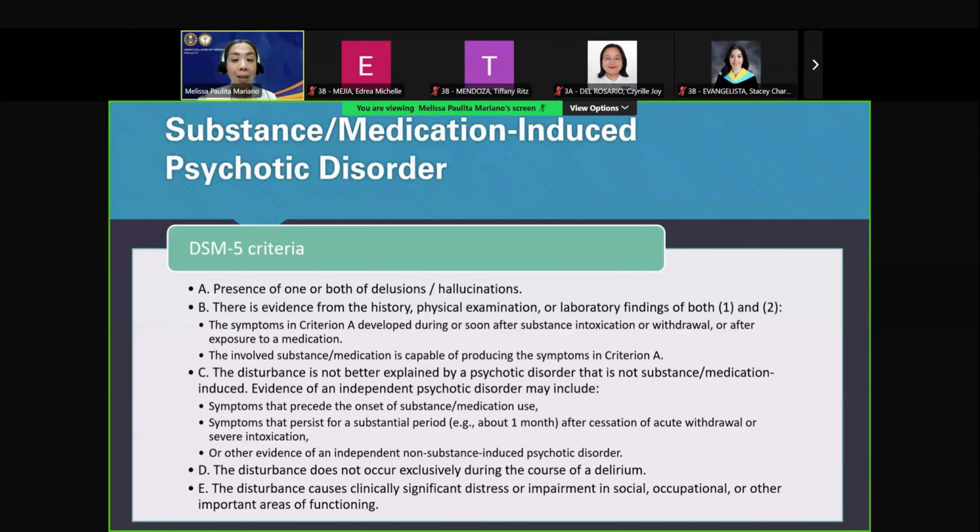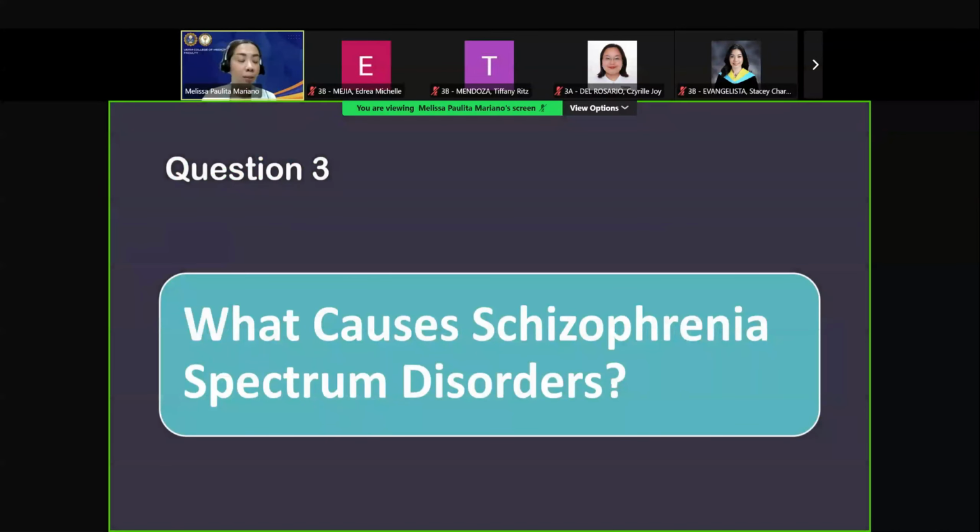There's literature that suggests these, and the disturbance is not better explained by a pre-existing psychotic disorder or a psychotic disorder that persists even after you withdraw the substance for a long period of time. The disturbance will not occur during the course of a delirium, and it should cause clinically significant distress to a person. All of the schizophrenia spectrum disorders, part of the DSM-5 criteria is that it should cause distress and dysfunction.